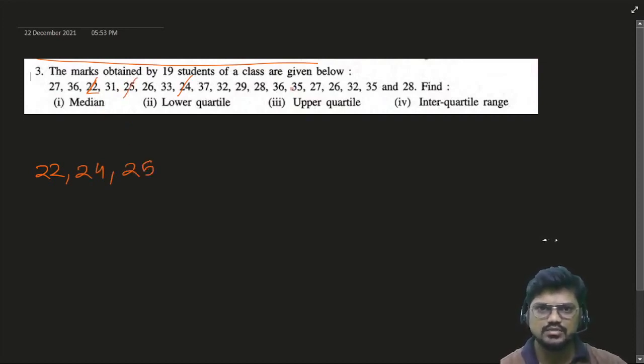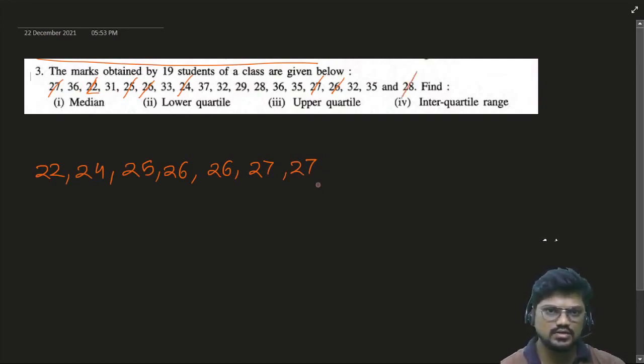Then 26, search for 26. Yes, you have it once, and one more 26. Then 27 you can take, and no more 27. Then 28 you can take, and no more 28.